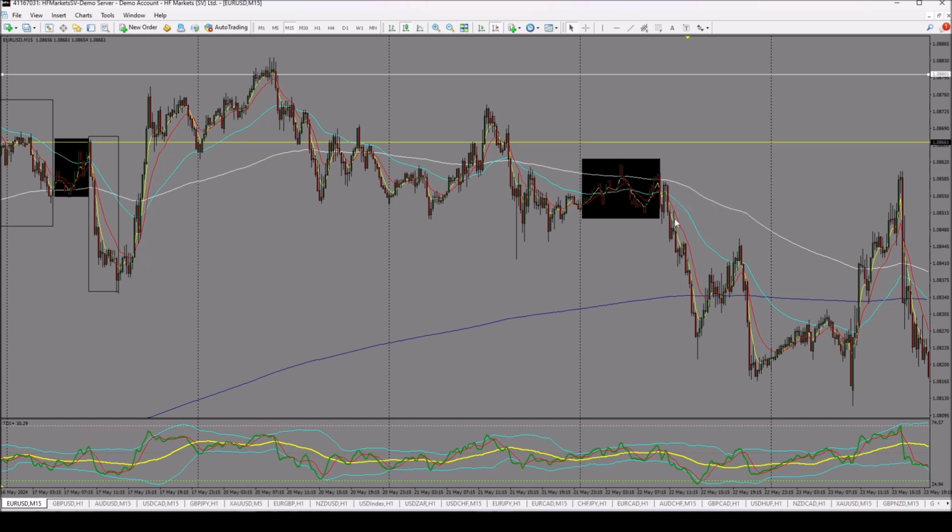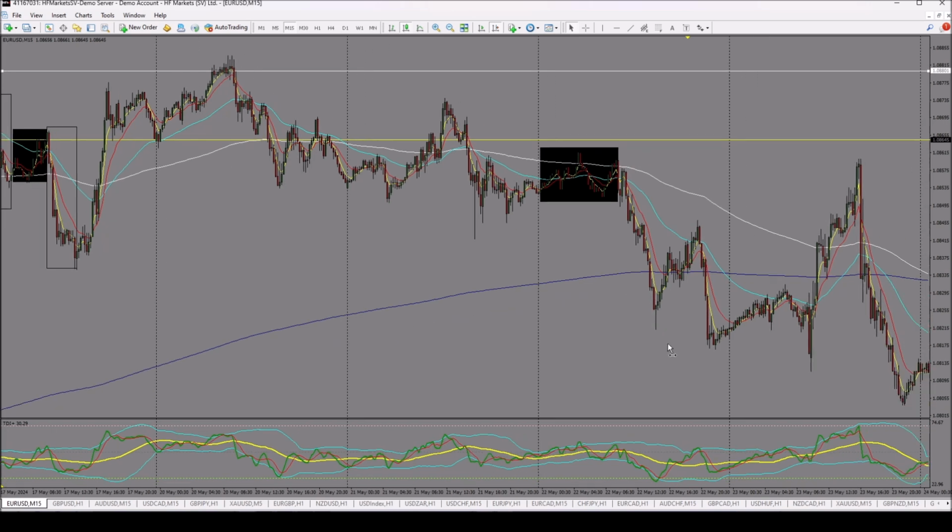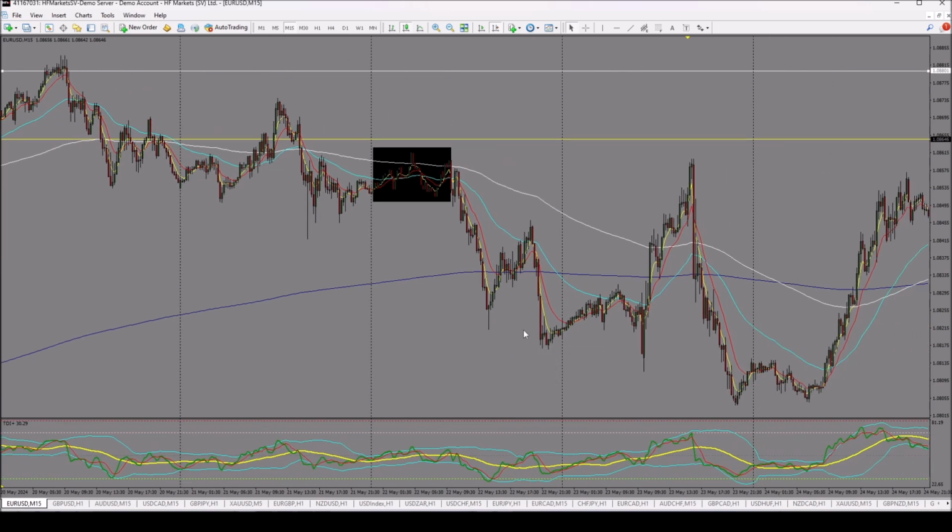We had 1 pullback, 2 pullback, and the longest one to reach this particular point. So in that case, when you see first swipe, second swipe, on the third swipe, you start to look for a W pattern on the M1 time frame. That is where you will get the precise point of market entry.